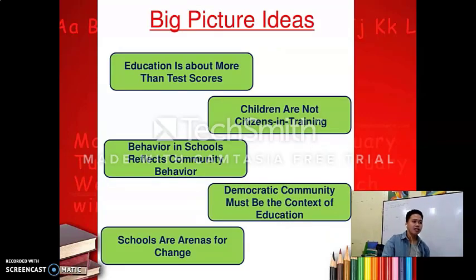And then John Dewey also said education is about more than test scores. So, true, no? Education is more than test scores. When there is learning, there is education. So do not be afraid that you commit mistakes in your exams, assignments, and quizzes, because they will not measure your learning.